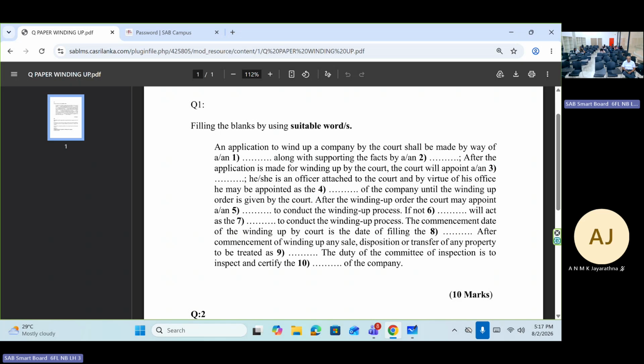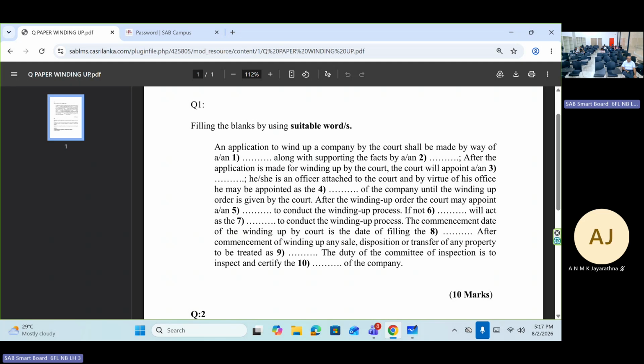Number three, official receiver. He or she is an officer attached to the court, and by virtue of his office, he may be appointed as number four, provisional liquidator of the company until the winding up order is given by the court. That is, until the winding up order is given, the provisional liquidator is appointed.